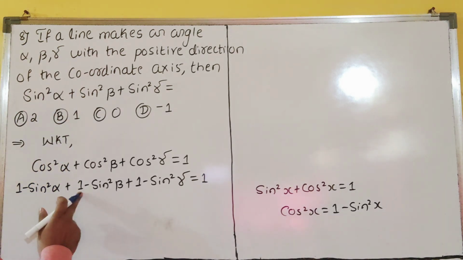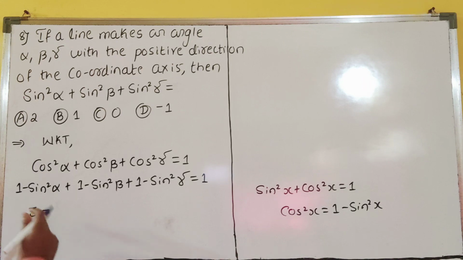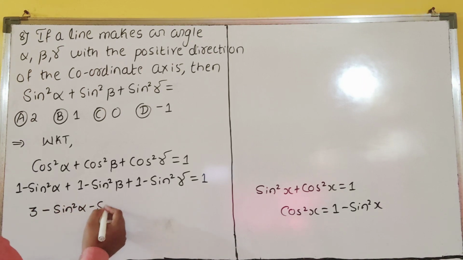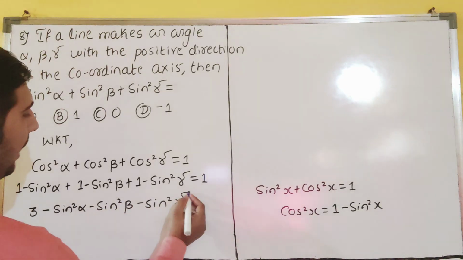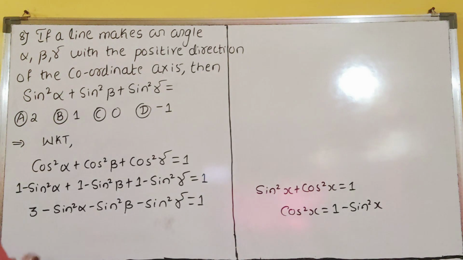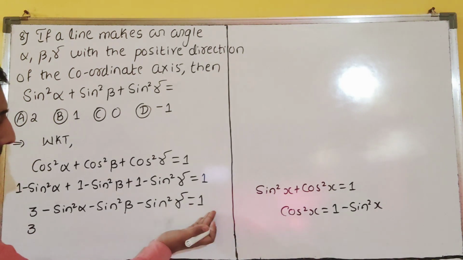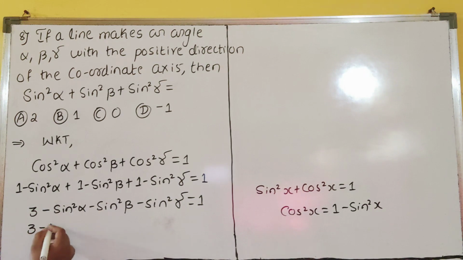So 1 plus 1 is 2, 2 plus 1 is 3, dear students. So what is left now? Minus sin square alpha minus sin square beta minus sin square gamma is equal to 1. So 3 I will write as is, plus 3. Plus 1 if you take this side, it will become minus 1, dear students. So now see, minus sin square alpha, you take that side, it will become plus sin square alpha.